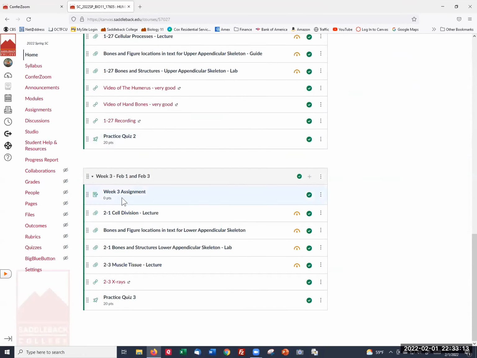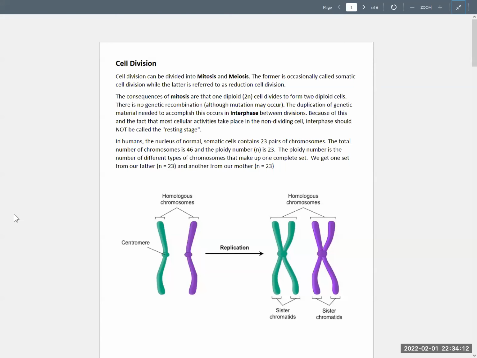Cell division. Okay. Now you're thinking back to high school, maybe even back as far as junior high school or middle school, when this was first given to you. Well, by now you've forgotten it. I have to reread it myself all the time. Cell division is divided into 2 different types, mitosis and meiosis.